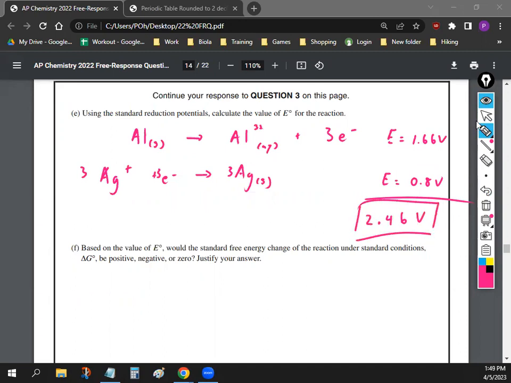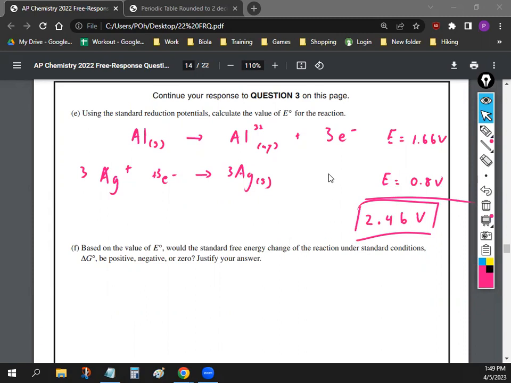Okay, so pretty easy. The key thing you had to identify there is that you want the most positive value possible. So that's why you flip the half reaction with aluminum. In this case, what we did was make it more positive.